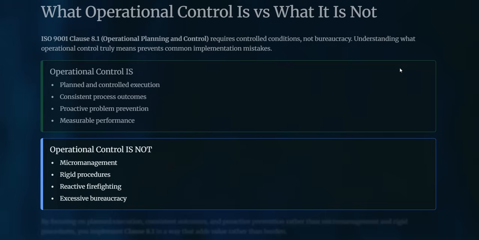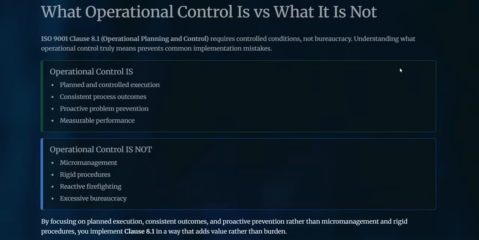And operational control is not reactive firefighting. And operational control is not excessive bureaucracy. By focusing on plan execution, consistent outcome, and proactive prevention rather than micromanagement and rigid procedures, you implement Clause 8.1 in a way that adds value rather than burden.